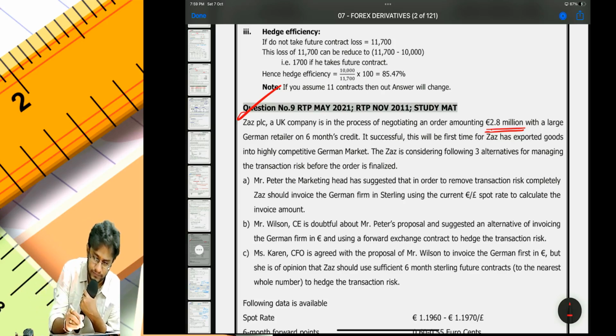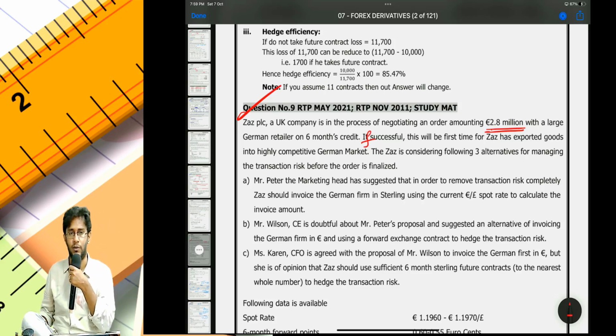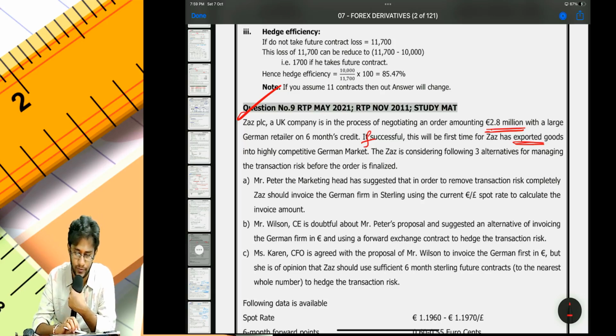If successful, this will be the first time Zaz has exported goods into a highly competitive German market. Now clarity comes, sir, the export. So the receivable sum. Zaz is considering three following alternatives for managing the transaction risk before the order is finalized.